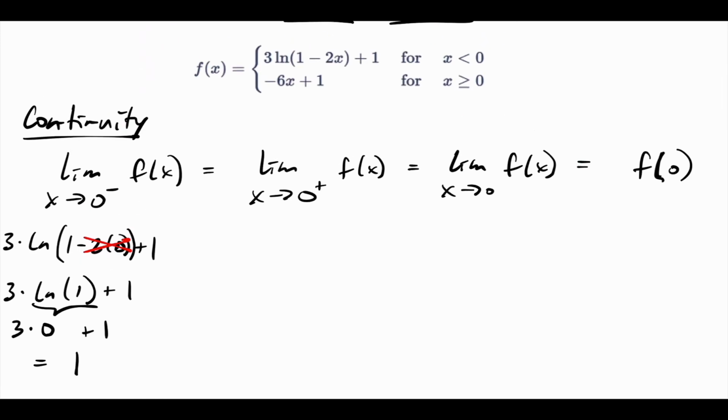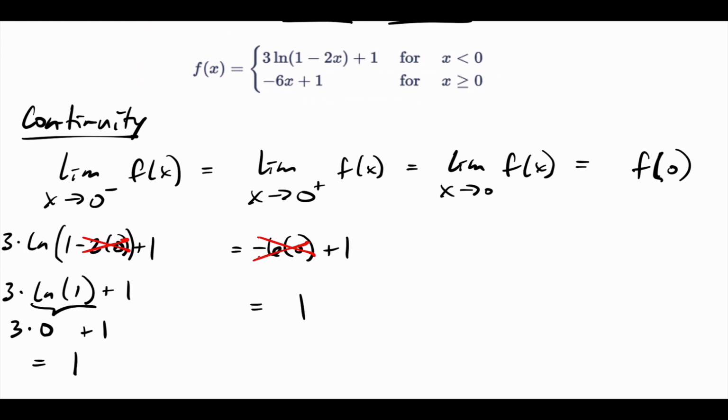The right is the greater than side, so we're going to use this piece here and plug in 0. You could probably do that one in your head. Negative 6 times 0 plus 1. Negative 6 times 0 is just 0. Positive 1. So those two are equal. That means the overall limit has to be 1.